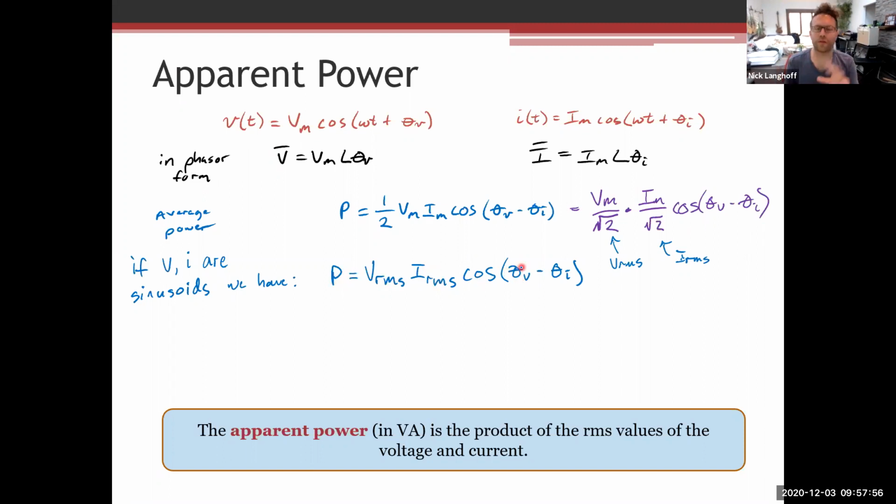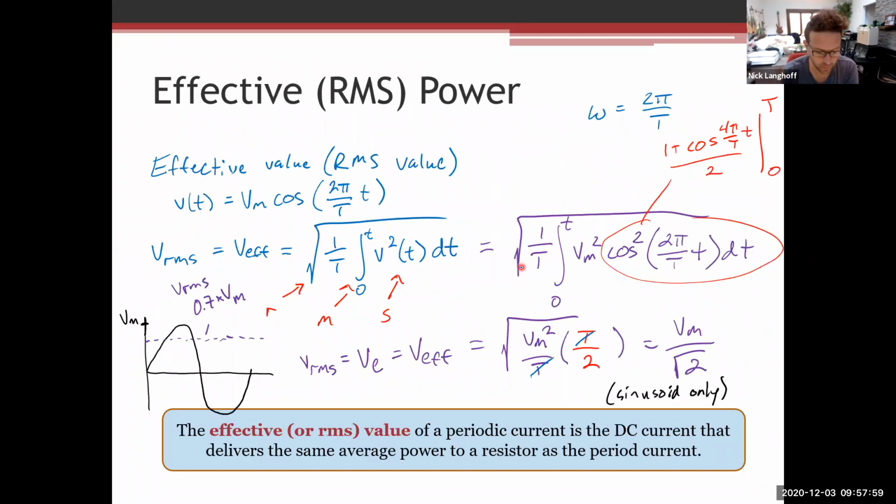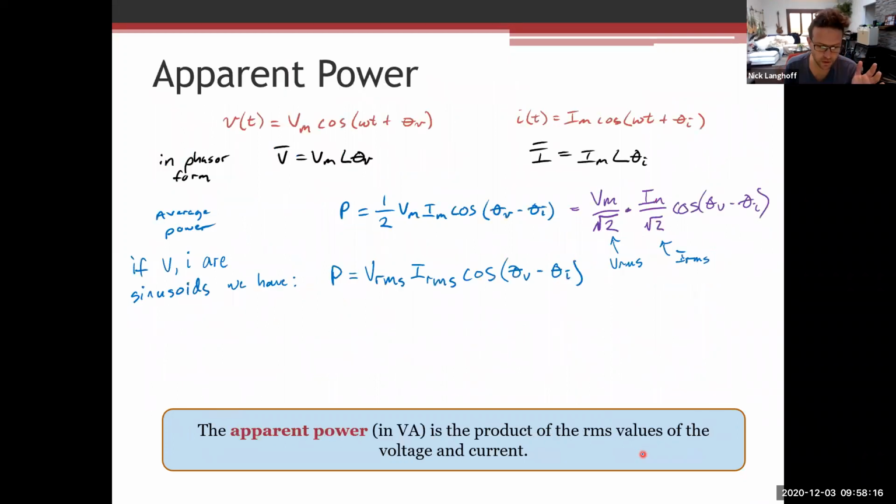Thinking back to the definition of RMS, what did we say? The effective or RMS value of a periodic current is the DC current that delivers the same average power to a resistor as the periodic current. In other words, it is how much power would be transferred to a resistor. So if you just look at the RMS voltage times the RMS current, if it were truly just a resistor, that's what we think the power would be.